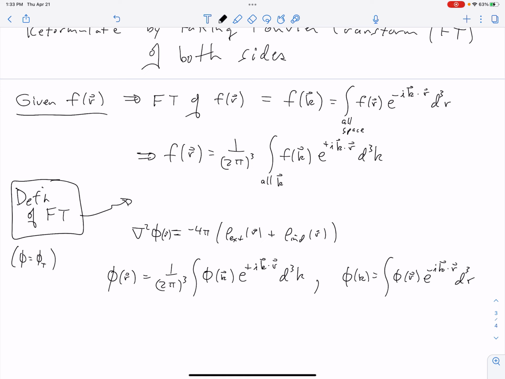Then what I can do is I can also call rho of r is equal to 1 over 2 pi cubed integral of rho of k e to the plus I k dot r d cubed k.